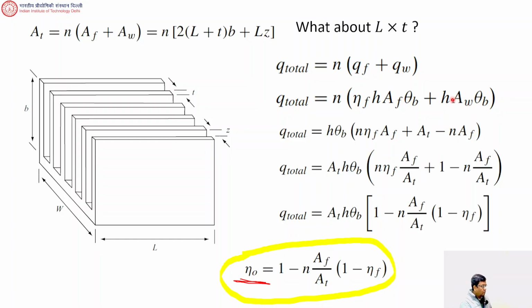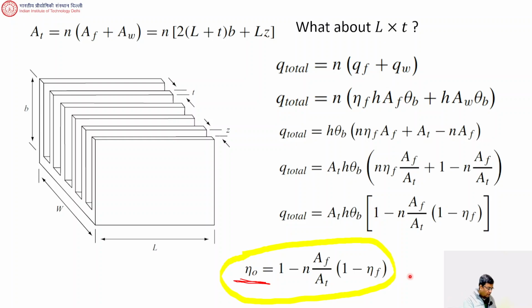Okay, then we get rid of AW at this stage using N times AW is AT minus NAF, correct? Based on this one. So if you do this a little bit, then you can show that eta O is like this. And I'm sure you can do it on your own.